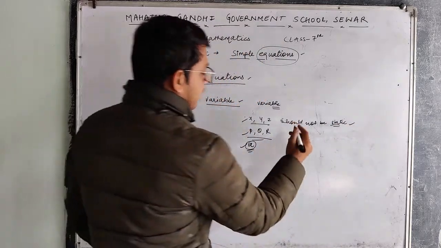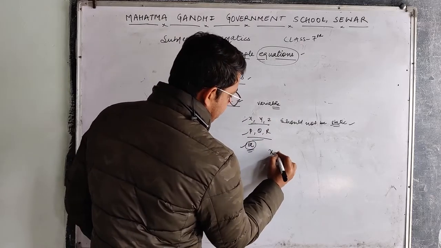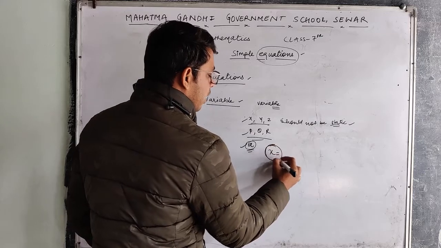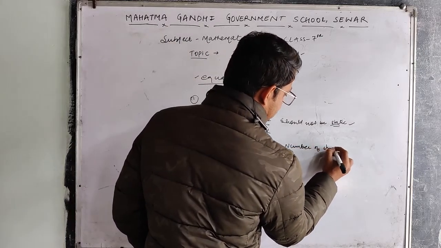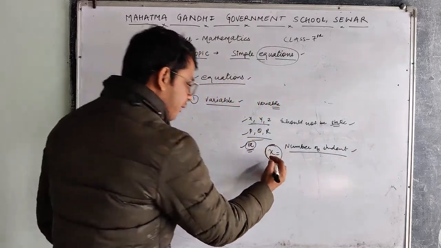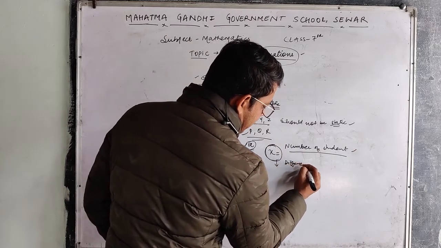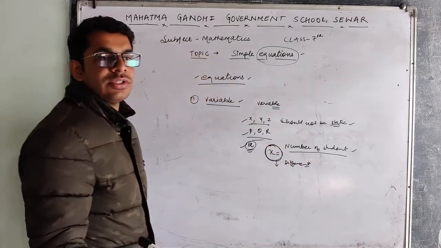If I take the number of students as a variable, because every class has a different strength of students, it means the value of x changes with situation or circumstance.